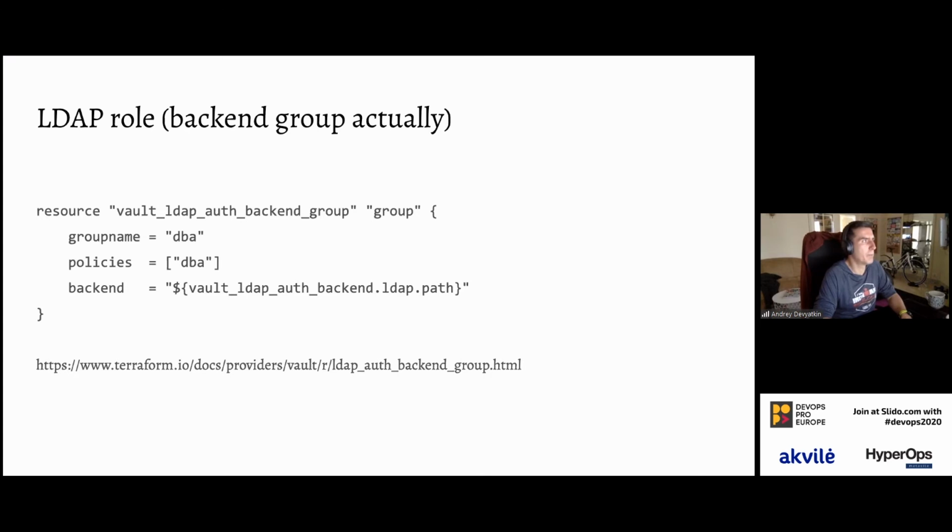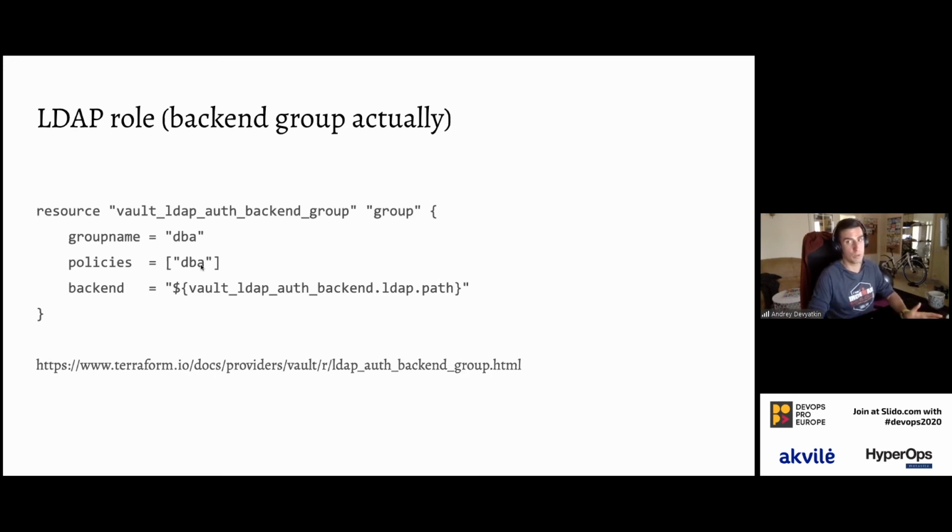Then you configure the LDAP role, and the LDAP role basically says, if someone from LDAP comes to you with a group name DBA, so the LDAP identity has the DBA group attached to them, well, then give them a token with the DBA policy attached. Quite simple.